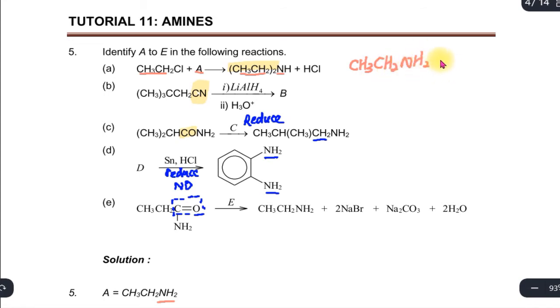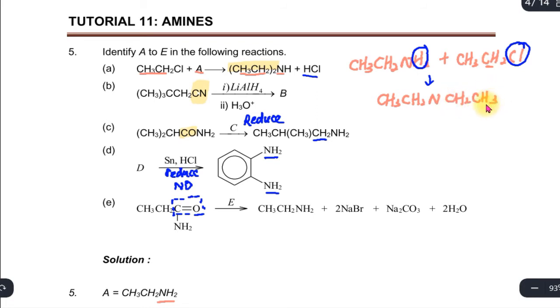It reacts with CH3CH2Cl. It will eliminate one of the hydrogens from the amine and the Cl, and it forms HCl. So now it can join. CH3CH2 attaches to this carbon, so CH2CH3.